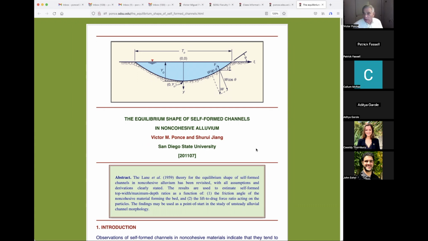I think I already told you that Emory W. Lane was a professor at Colorado State University. And in 1959, he got together with a couple of students from, I believe, Chinese extraction, judging by their names. I think one of them is Liu and the other one is Li. And they wrote this paper.